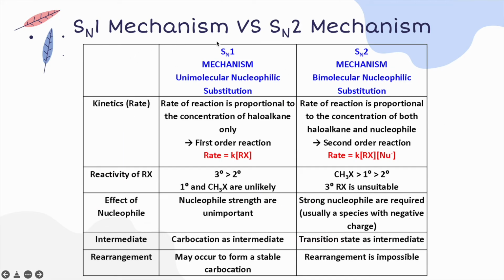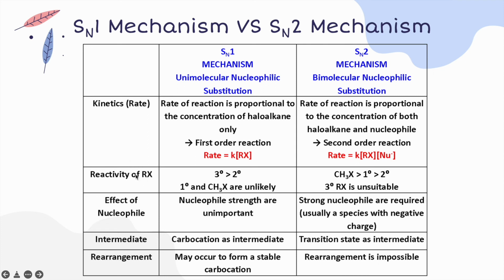So this is the difference between SN1 and SN2 mechanism. In SN1, the rate of reaction only depends on the concentration of haloalkane, but SN2 looks at the concentration of haloalkane and the nucleophile. So SN2 is second order, SN1 is first order reaction.